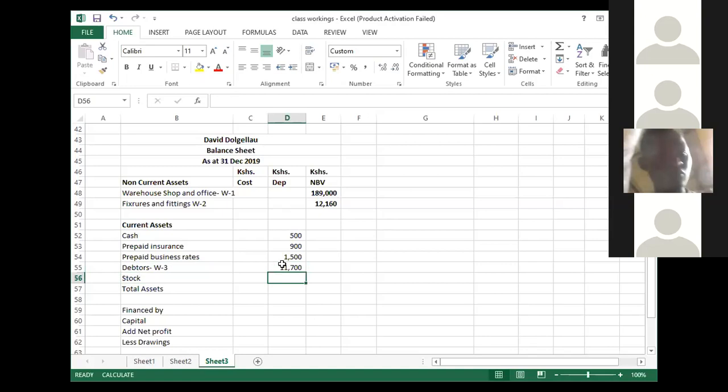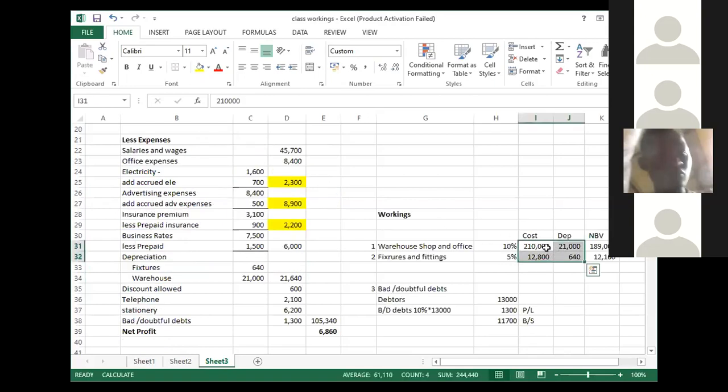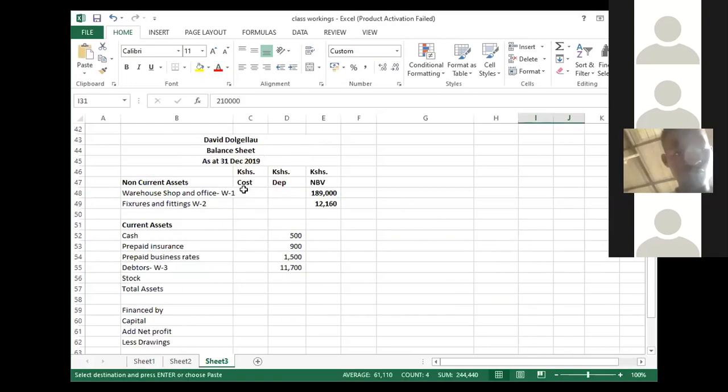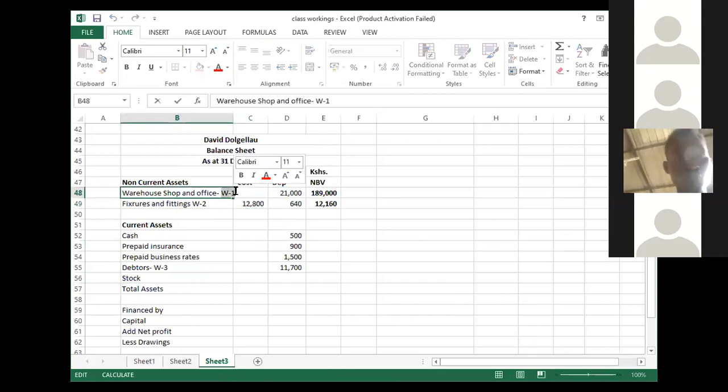Those two distinct methods. The first one, you can decide to do the workings here. For the purposes of the balance sheet, for example, in this case, it might be simpler if you just do the workings in there instead of saying working one and working two. Okay? But if you don't want to clutter your balance sheet, then you can do the workings separately.